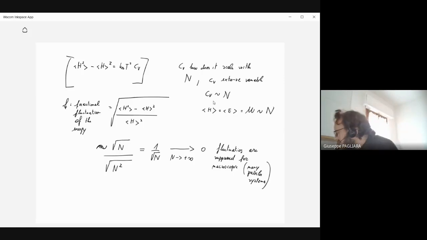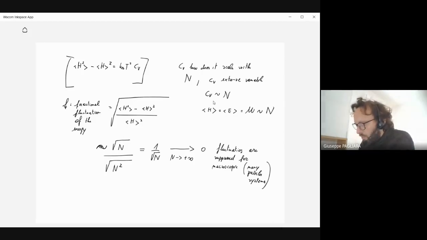And here we have a similar scaling, so the fluctuations of the energy are suppressed as 1 over square root of N. So even if here the energy is not fixed, because there is a possibility of exchanging energy between the system and the reservoir, in any case the fluctuations are small and are suppressed with 1 over square root of N, where N is the number of particles.